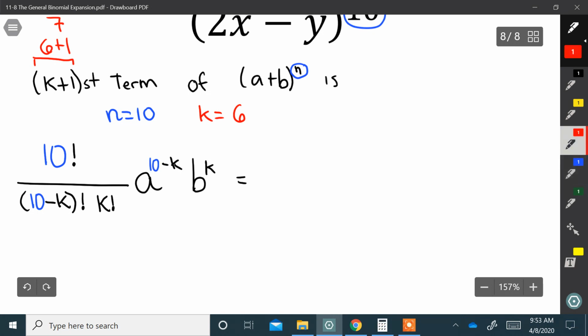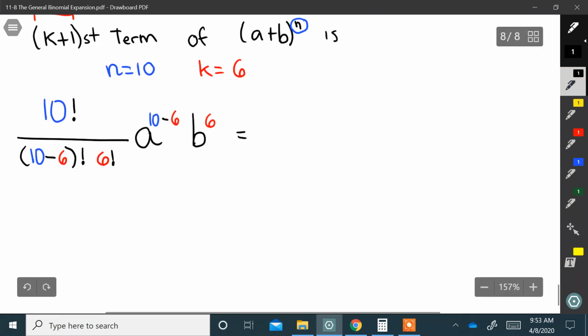And then that's it with the n's. We have our k's here. I'm gonna replace that k with a 6. Also this k, I'm going to replace it with a 6.